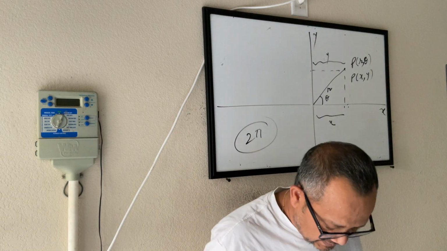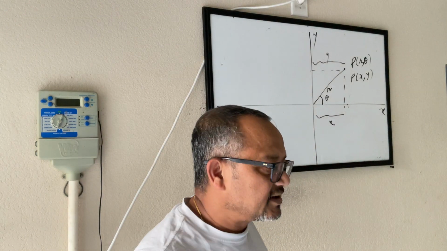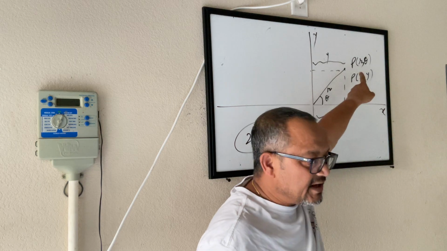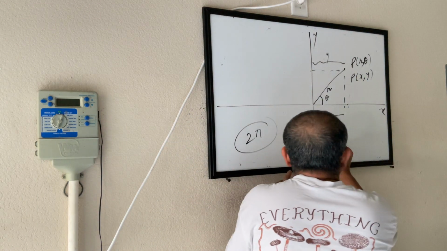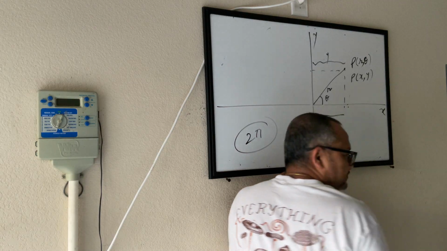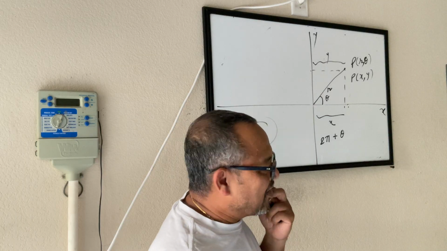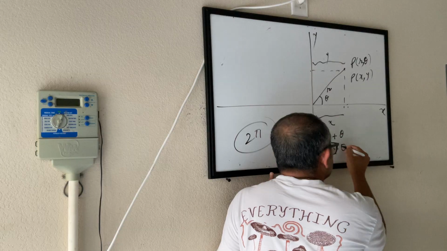What if somebody says a point P is reached after making 2 pi plus theta, or 6 pi plus theta.